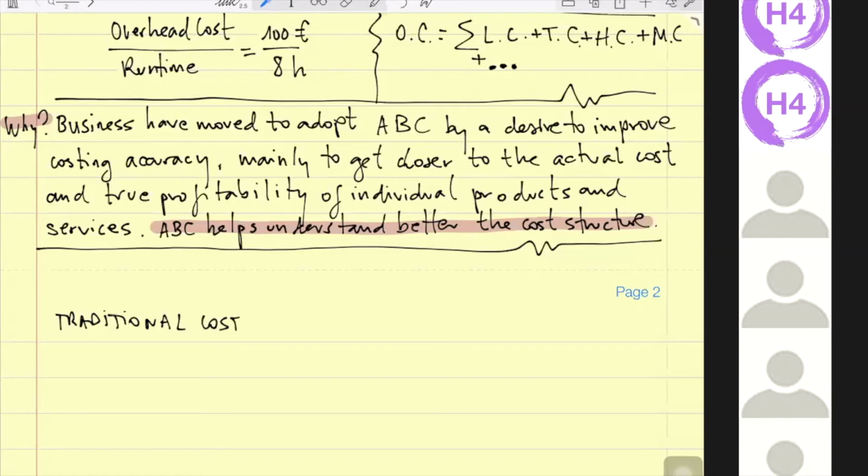Hallo, könnt ihr mich hören? Ja, jetzt wieder. Ja, alles klar. Okay, Entschuldigung, ich weiß nicht, was passiert ist.